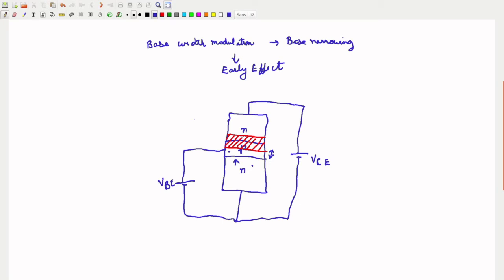Now let's see mathematically how we can represent this effect in the terminal currents.